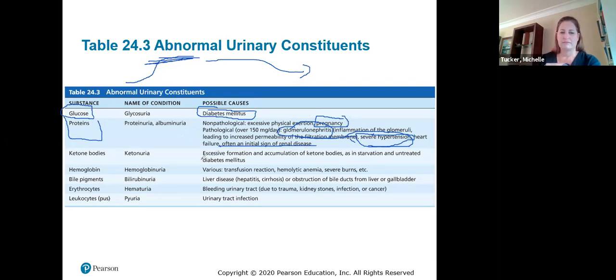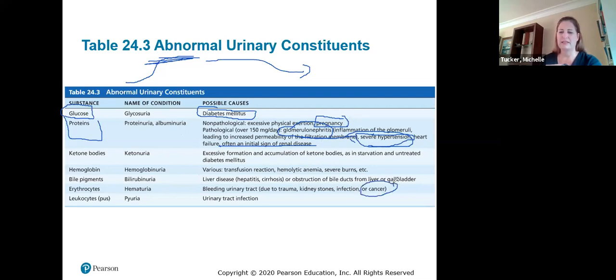Ketone bodies are also usually associated with diabetes; hemoglobin, sometimes hemolytic anemias; bile, liver disease; erythrocytes, bleeding in the urinary tract due to trauma, kidney stones, infection, or cancer.